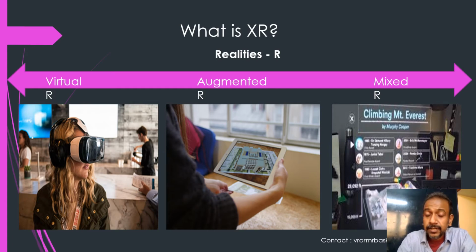For that purpose, marketers coined the term XR, extended reality. Virtual reality is one end of the spectrum, where the consumer is moved to the virtual world by wearing a headset, completely disconnected from the real world. Augmented reality is the middle of the spectrum, where he is aware of the real-world environment or objects, but the real world is augmented with graphical elements at strategic places.